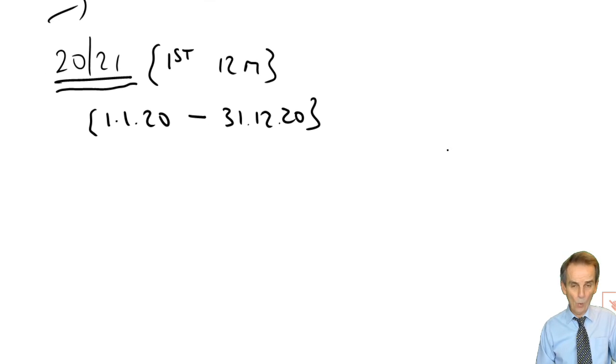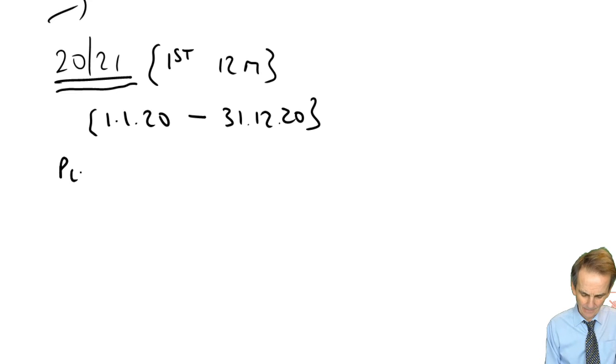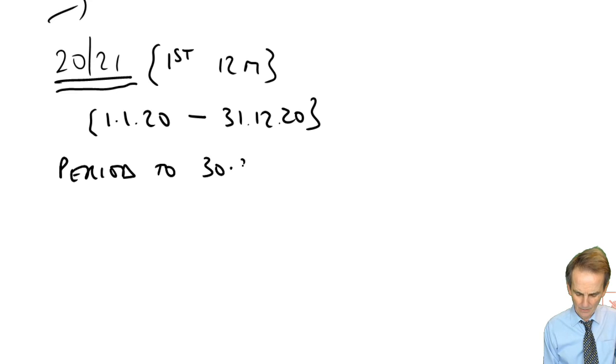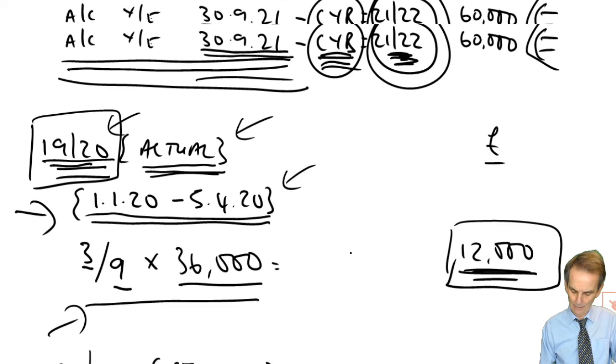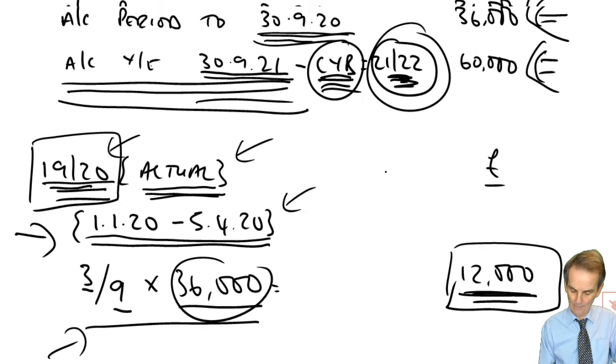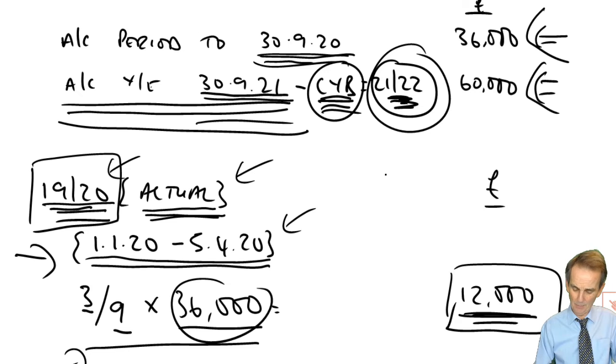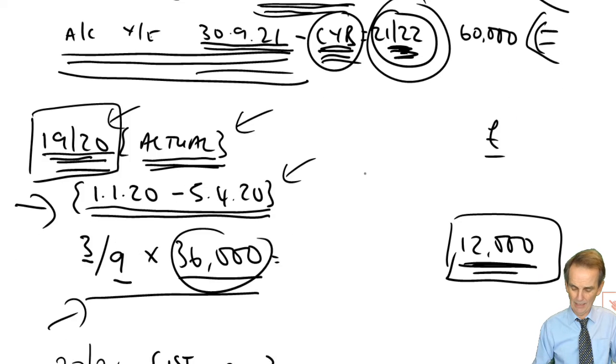Okay. What profits will therefore be included therein? The profits that will be included will be, firstly, the profits of your opening period, which was the 9 months through to the 30th September 20, and that was £36,000. I think, if I remember correctly. Let's go back. Oh yes, 36,000 we've used there. The next period, year ended September 21, 60,000.